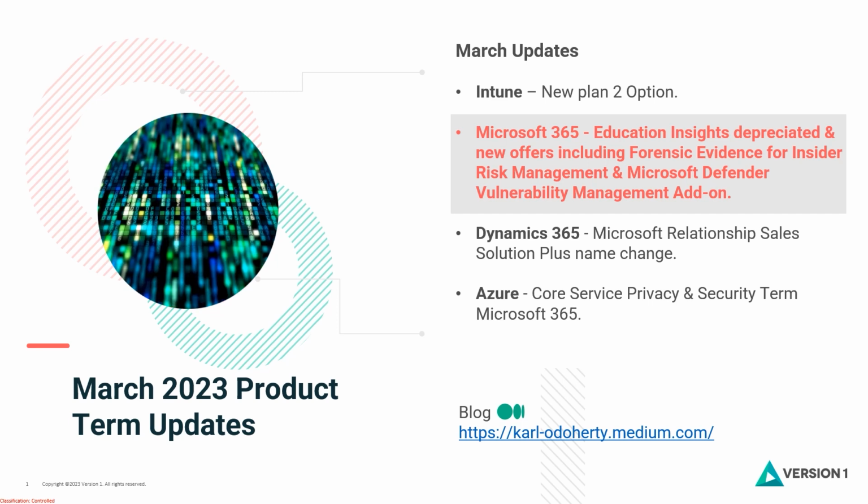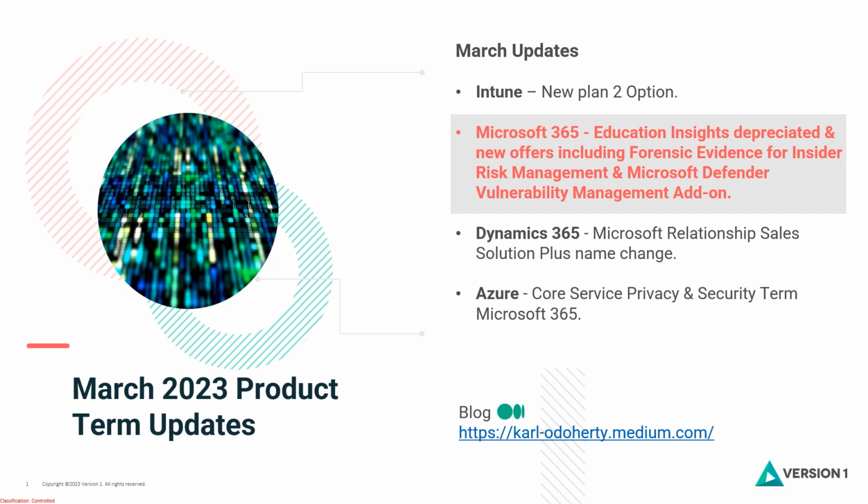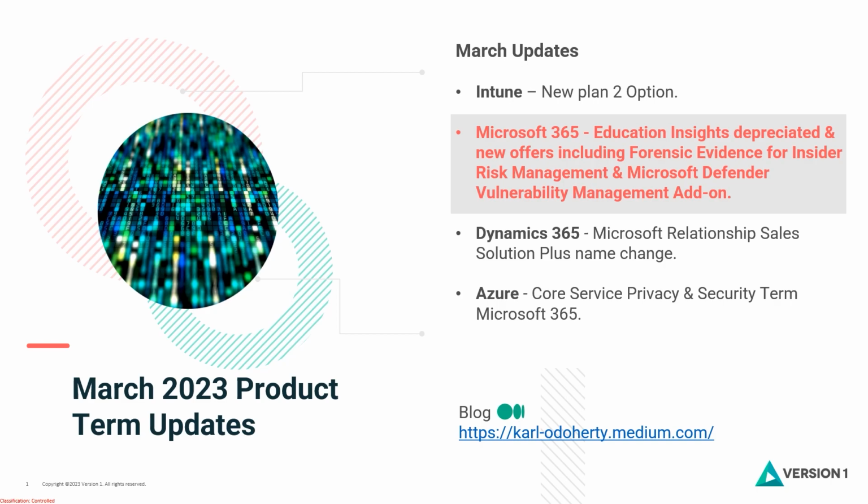The first one is Education Insights, which is basically under Microsoft 365. All content's been removed as the offer has been deprecated. But I think to know what you're not getting anymore, it's handy to know what you did get.